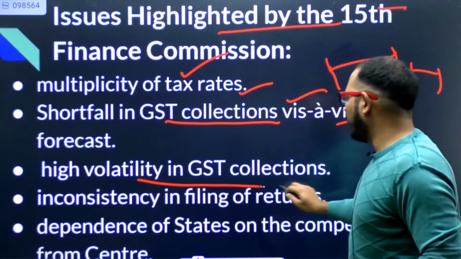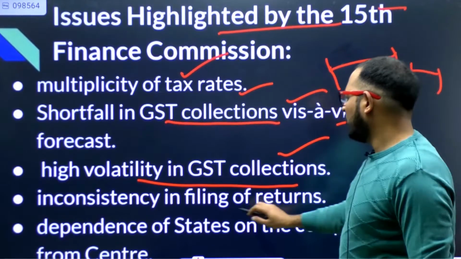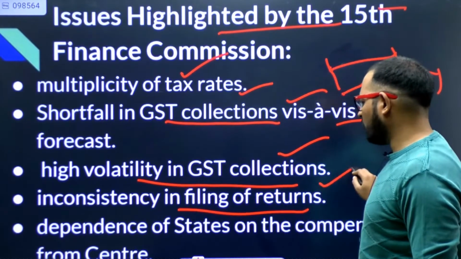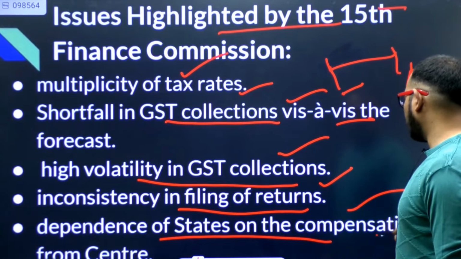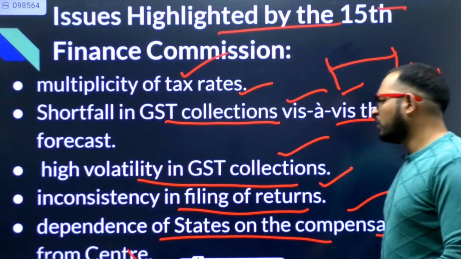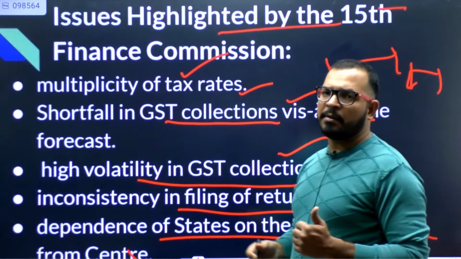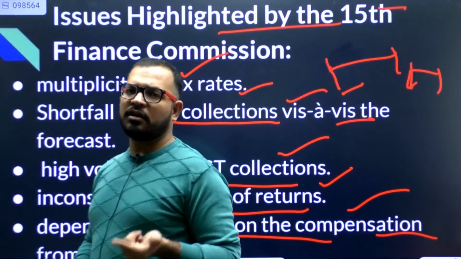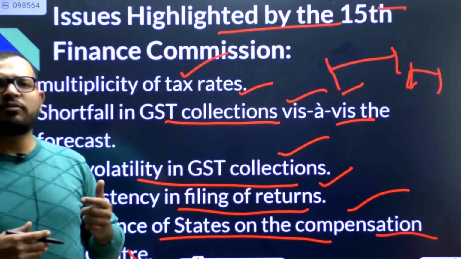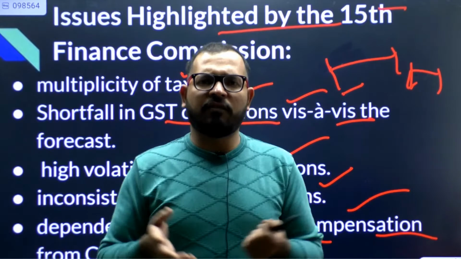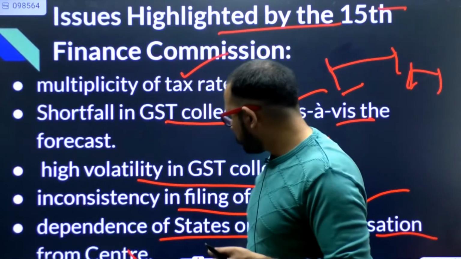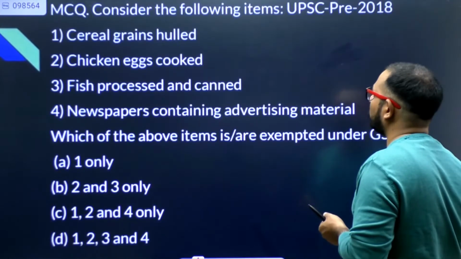High volatility in the GST tax collection, inconsistency in filing of returns, dependence of the states on compensation from the center, because IGST will be collected by the center and then given to the state. When it will be given is also the prerogative of the center, when they want to give. Fine. So this becomes an issue.